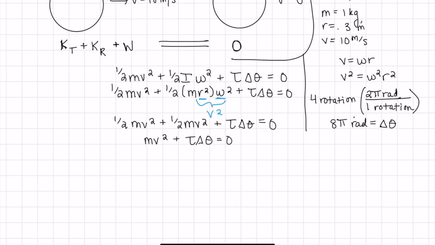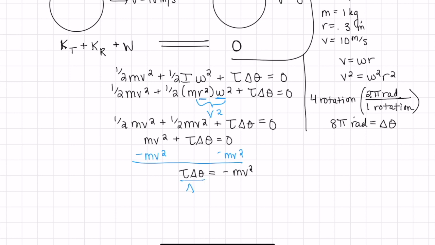Before I plug everything in, I'm going to rearrange in terms of variables first. So we can subtract mv squared. We get tau delta theta equals negative mv squared.